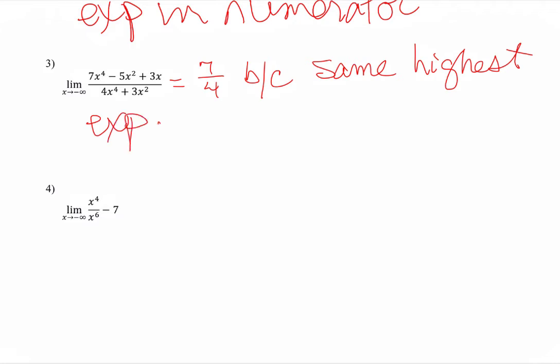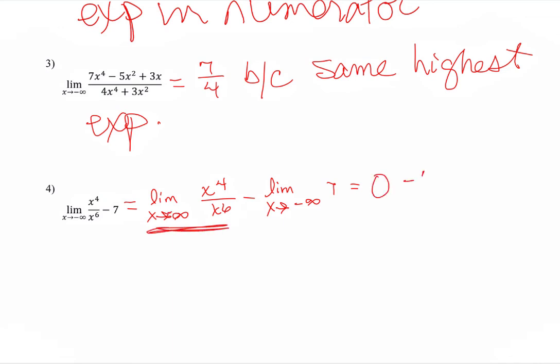Okay? Now, this last one is a little more difficult. So this equals the limit as x goes to negative infinity of x to the 4th over x to the 6th minus the limit as x goes to negative infinity of 7 equals, here the first term is 0 minus this term is 7, so the answer is negative 7.